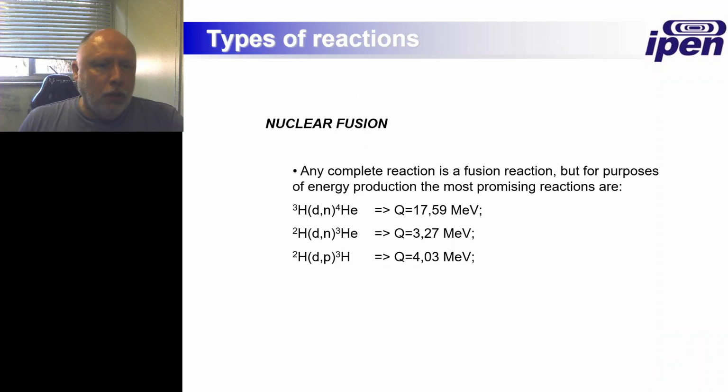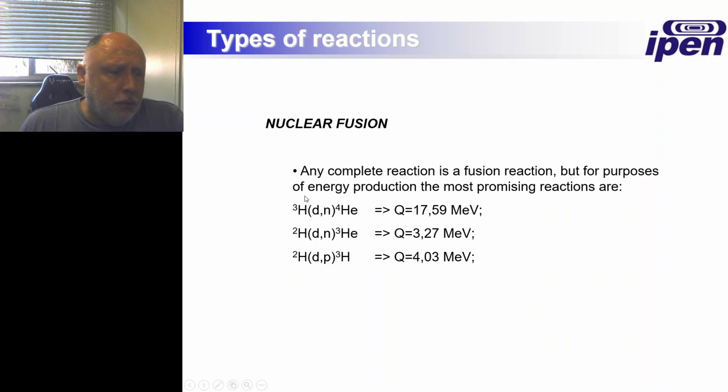So, talking about nuclear fusion. As I said when we were talking about nuclear reactions, the complete nuclear reaction is also called fusion evaporation. But for energy production purposes, when we talk nuclear fusion, we are usually talking about three main reactions, right?